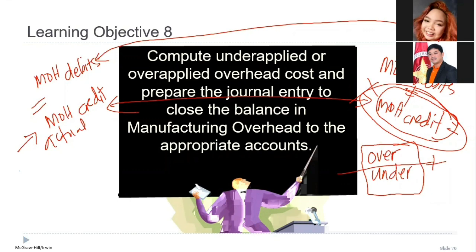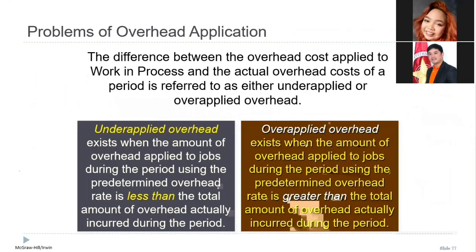Balik tayo dito. So problems of overhead application. So the difference between the overhead cost applied to work in process and the actual overhead cost of a period is referred to as either underapplied or overapplied. Ang tanong, favorable ba or unfavorable? Paano mo malalaman?